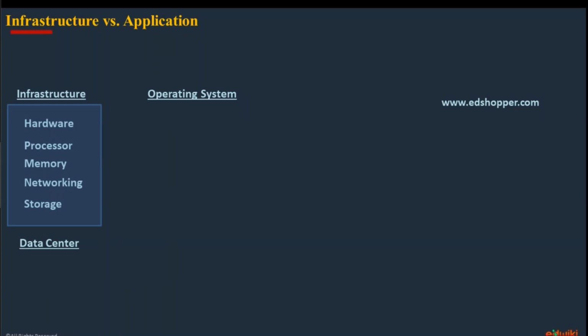This operating system is used to make an interface between you and your hardware. The operating system makes a nice graphical user interface when it comes to Windows, or maybe another interface, which will help you interact with your hardware devices. Let's say I want to talk with the processor, with memory, with my storage, which is a volume, a disk.